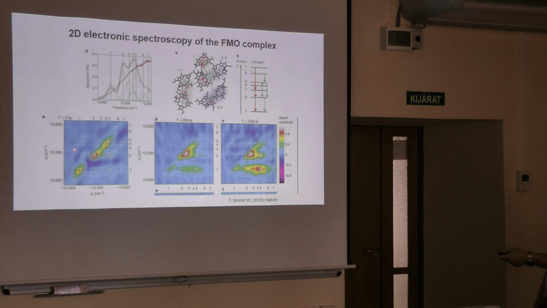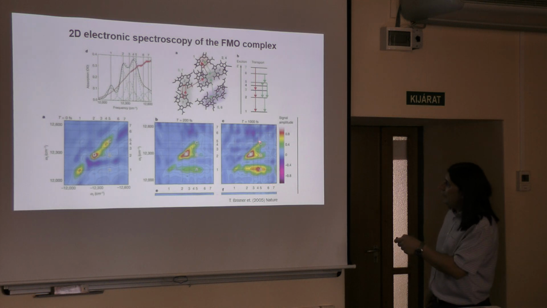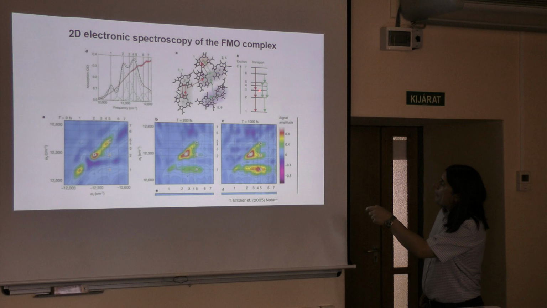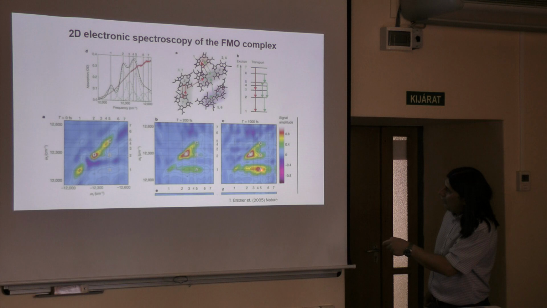And as I said, if you induce a waiting time, further and further, 200 femtoseconds or 1 picosecond, you start to see more cross peaks. Here, this is the excitation and this is the detection. So if you excite, let's say, in the high energy excitons, here, this is level 4, and after 1 picosecond, you can find population of level 1.